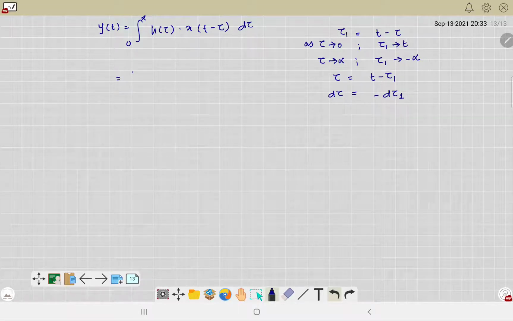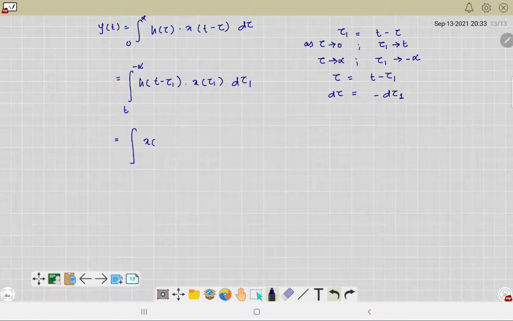So substitute the entire thing here. In place of h of tau we will write h of t minus tau1. For x of t minus tau, we will put x of tau1, then d tau1, and the limits will be from t to minus infinity. Okay. Then we will rearrange it a bit: x of tau1, then h of t minus tau1 and d tau1.